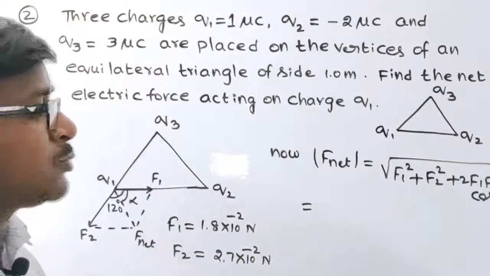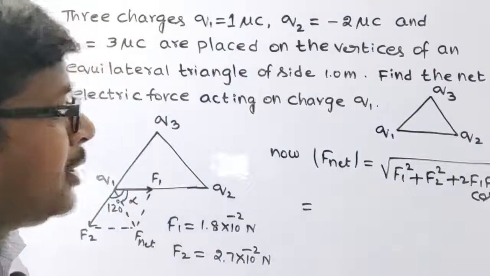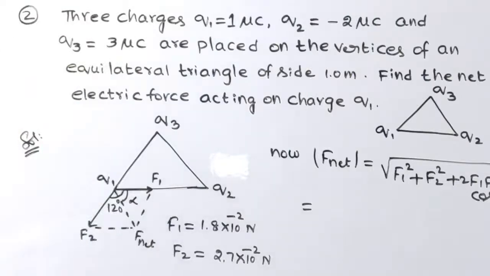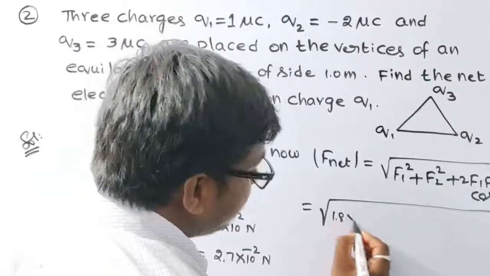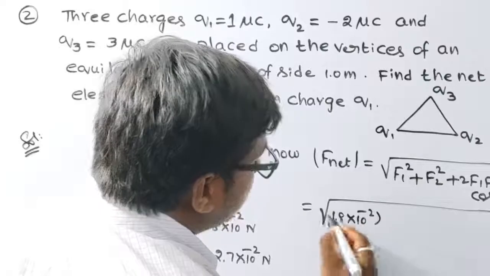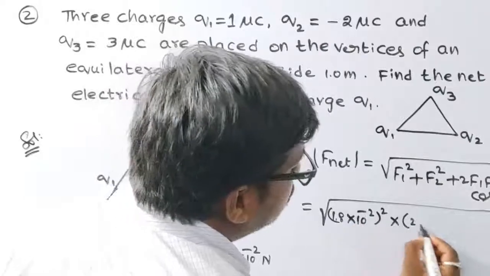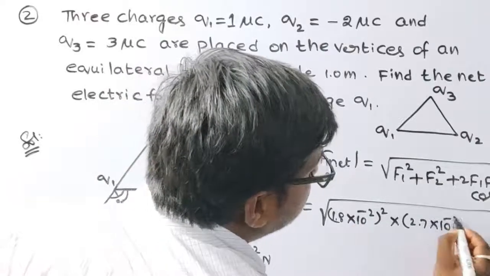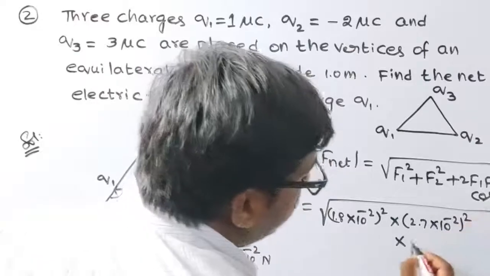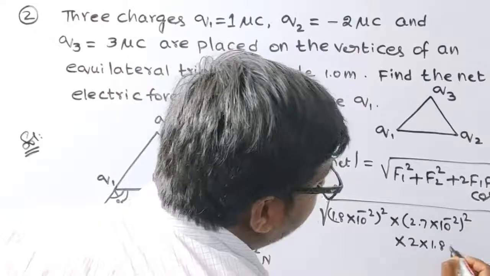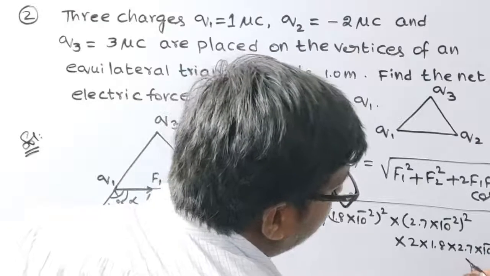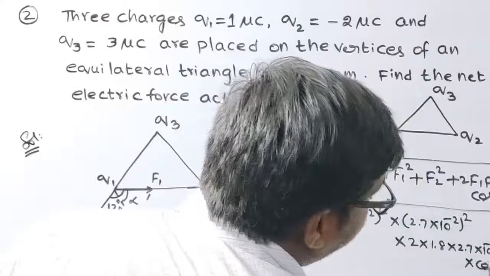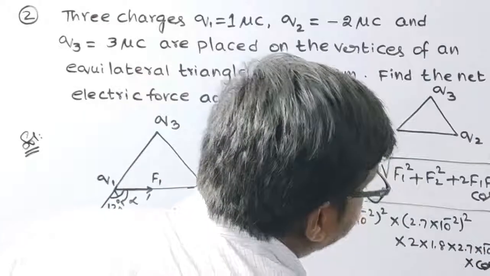Substituting, square root of 1.8 into 10 power minus 2 whole square plus 2.7 into 10 power minus 2 whole square plus 2 into 1.8 into 2.7 into 10 power minus 4 into cos 120 degrees.